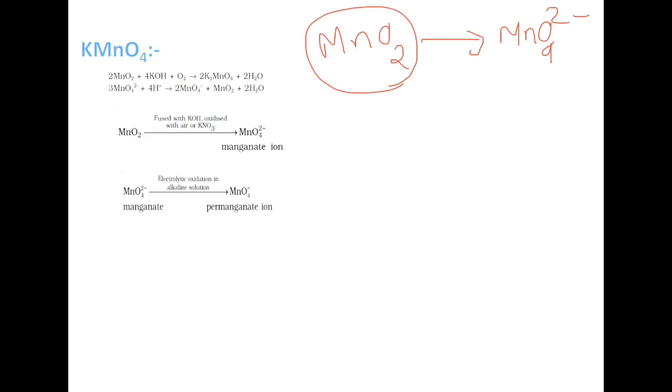The manganate on electrolytic oxidation, means oxidation in the electrolysis process in alkaline medium, is converted to permanganate.